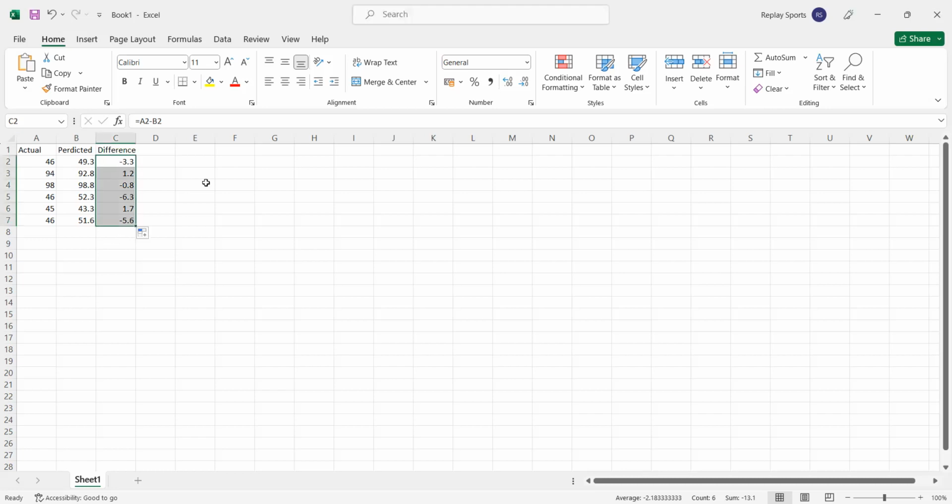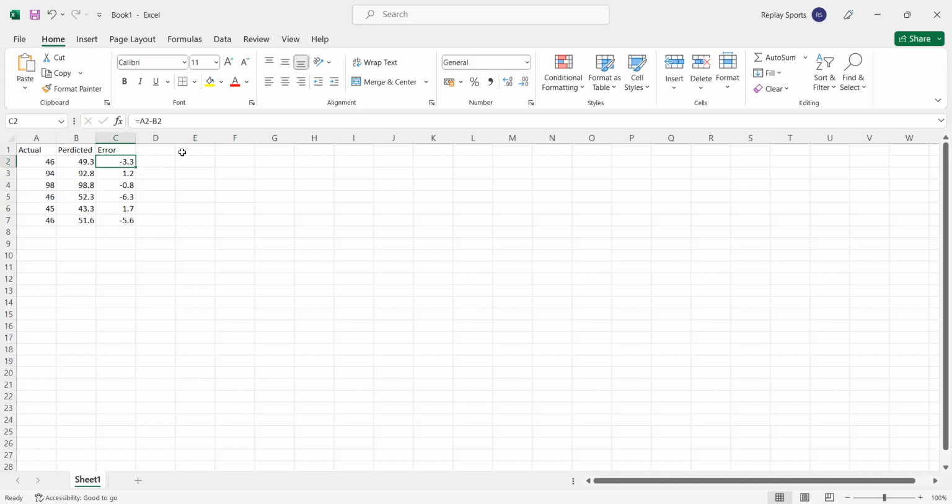So this is the difference, or the error. In statistics and mathematics we call it difference, but in machine learning this is our error. You expected 46, but you got 49. That's an error.